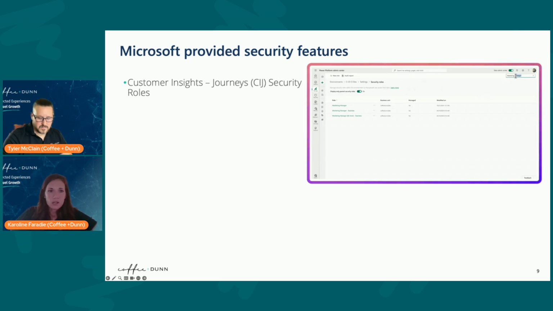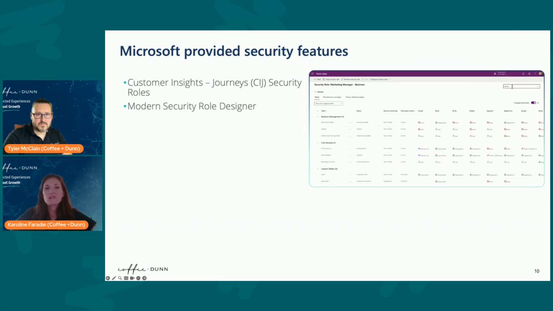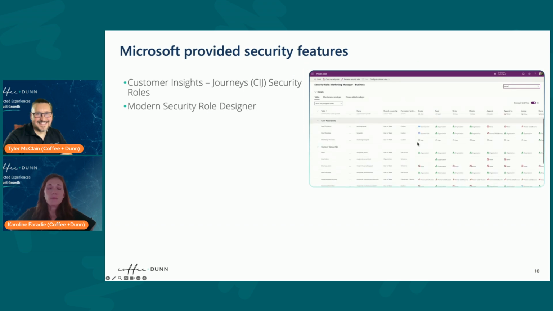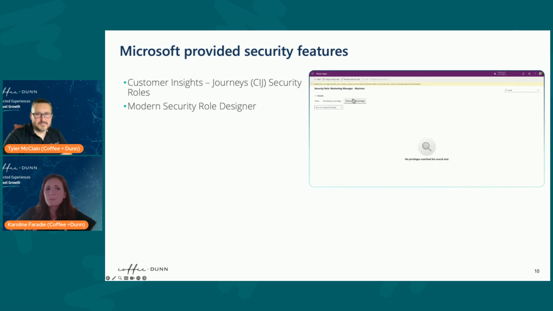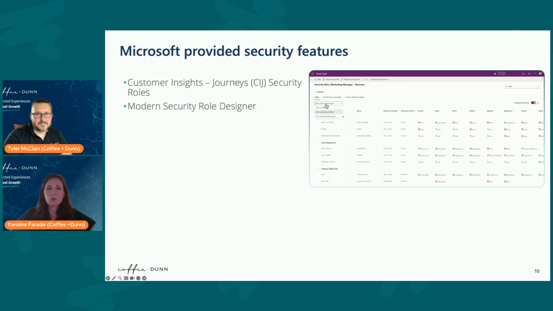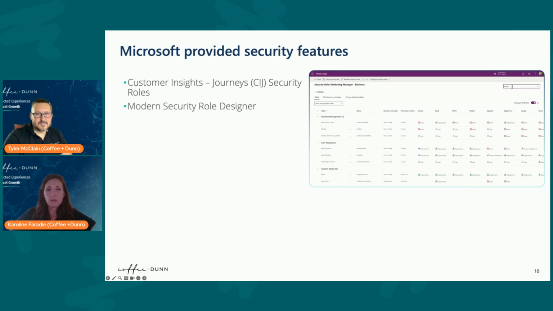The next one that we'll cover is the modern security role designer. So Microsoft has been making quite a few updates to the make.powerapps.com portal in the admin center. One of the new areas that I would say is a slam dunk for the updates that they made is the modern security role designer. Because it not only allows you to quickly make adjustments to your security roles, but just the view alone gives you a compact view of your roles.